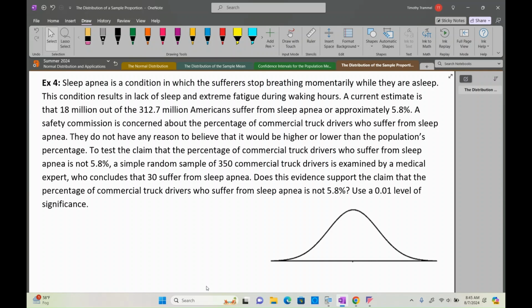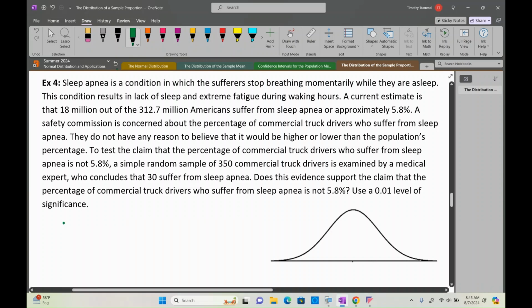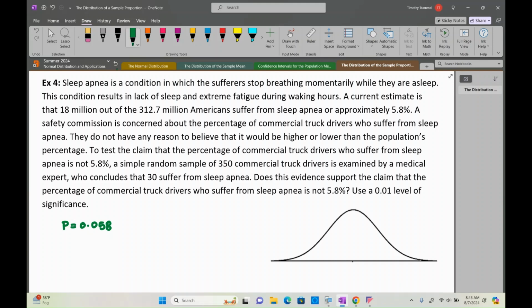Now, that is our population percentage, but we need a population proportion, which would just be p equals 0.058. I just need to write that 5.8% in its decimal form there. Okay. So there's that.